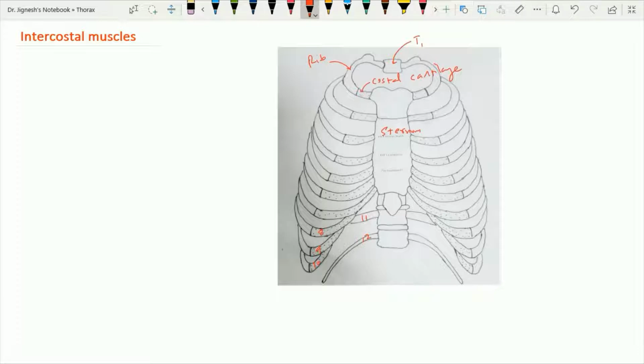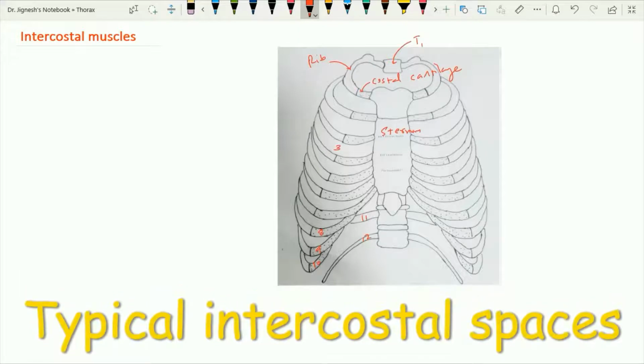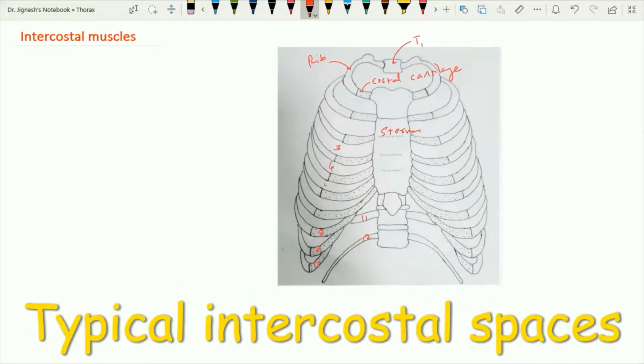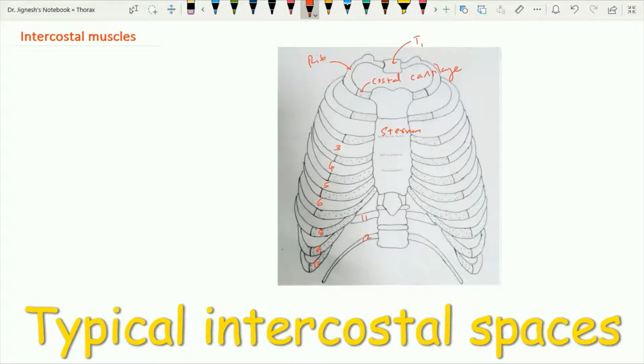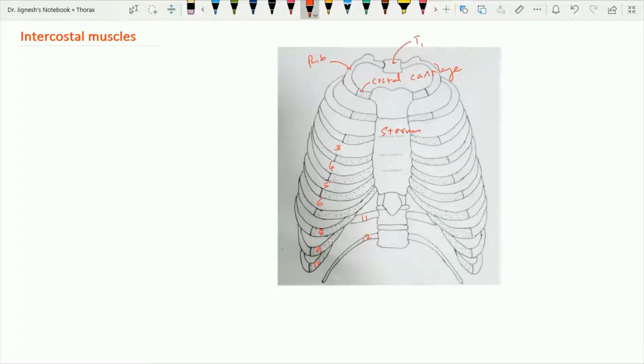Out of these 11 spaces, spaces number 3, 4, 5 and 6 are called typical intercostal spaces because they lie between typical ribs and are traversed by vessels and nerves exclusively concerned with the thorax. So the third to sixth intercostal spaces are typical intercostal spaces.